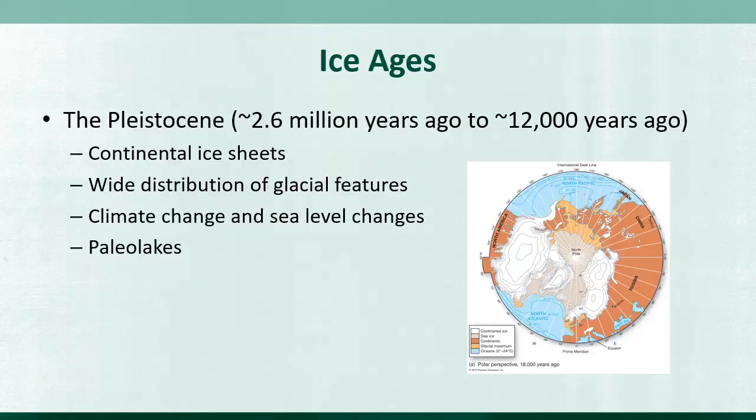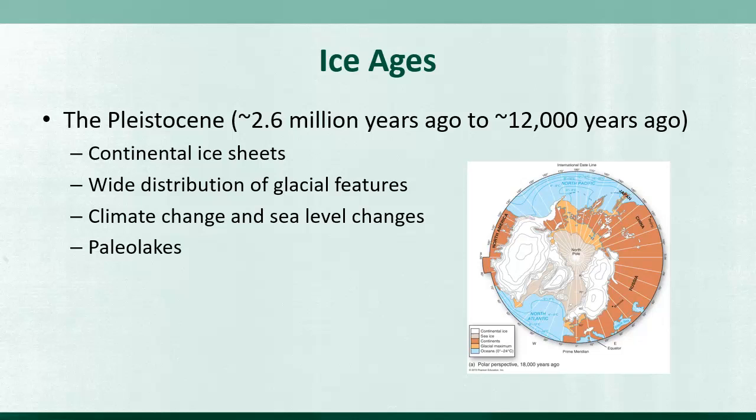So looking at all of these things begs the question, when did all this stuff get created, especially in places that are very far from glaciers right now? And this will extend a little bit into the next lecture when we talk about permafrost, because the location of permafrost is often very closely related to where ice covered the planet in the past during the ice ages, or the geologic period known as the Pleistocene.